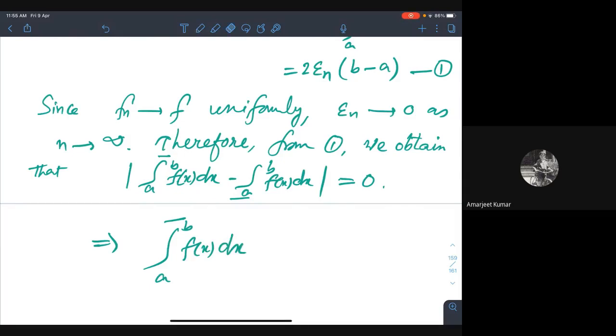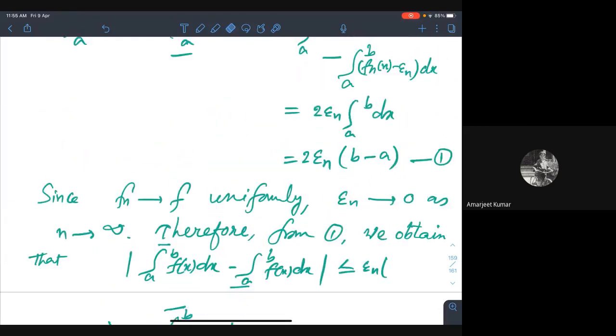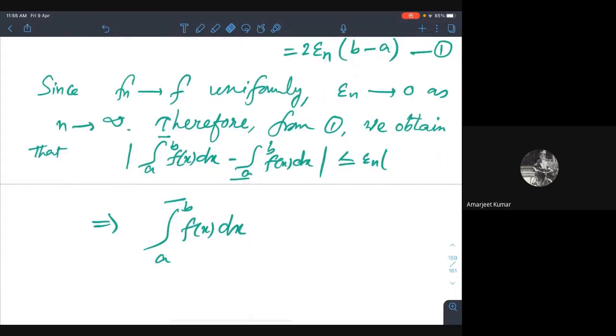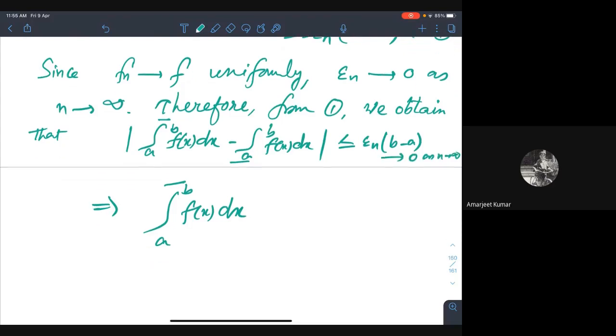So we can write this one as less than or equal to epsilon, and strictly less than, times b minus a, which goes to 0 as n tends to infinity. So this upper integral is equal to the lower integral from a to b of f(x) dx.